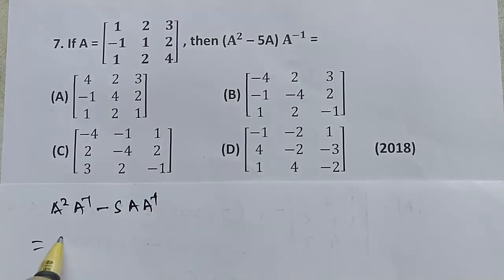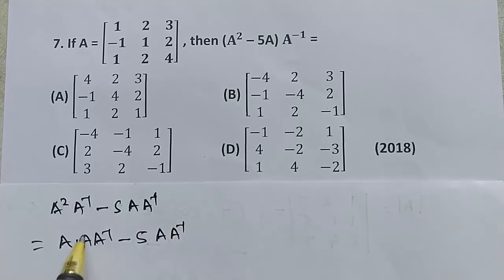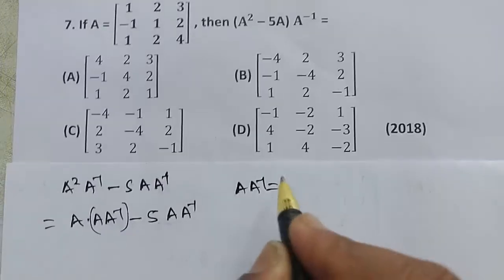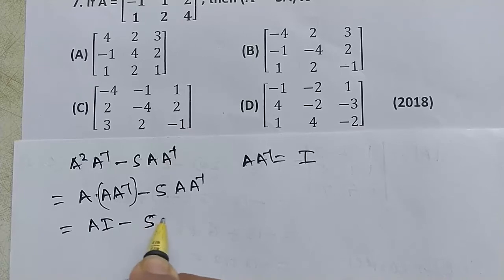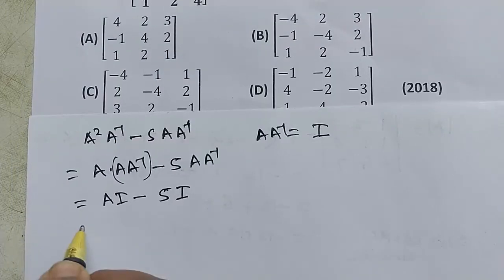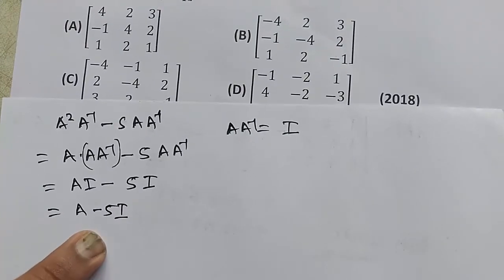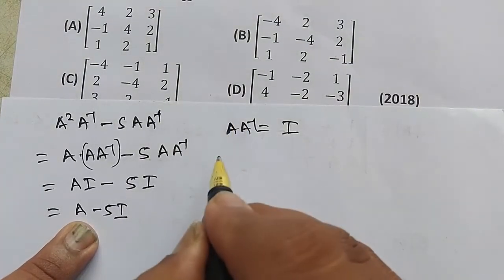A square means A into A into A inverse minus 5A into A inverse. We know that A into A inverse is equal to the identity matrix. So this is equal to A into I minus 5 into I, that is A minus 5I. Now we evaluate this matrix. A is the given matrix.